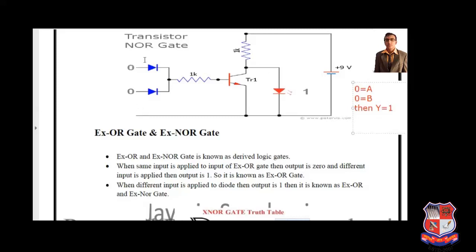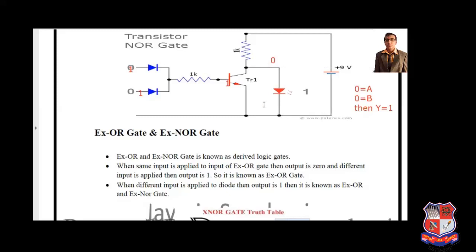Now describe the second case. If we apply input 1 here and 1 here, then obviously the diode can be turned on. So here also we get 1 volt, but with 1 volt at the base terminal, the voltage here is 0, because base and collector are opposite to each other.